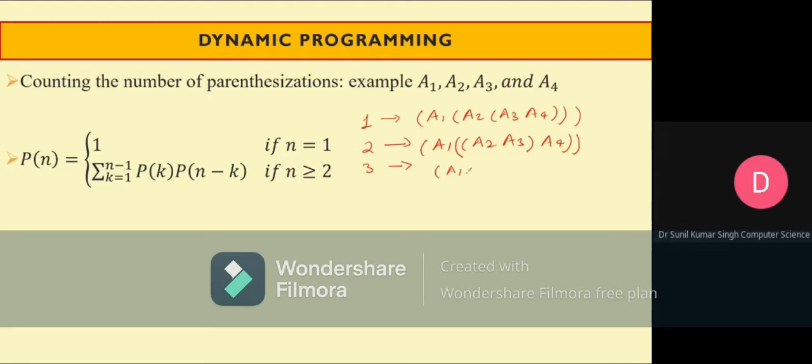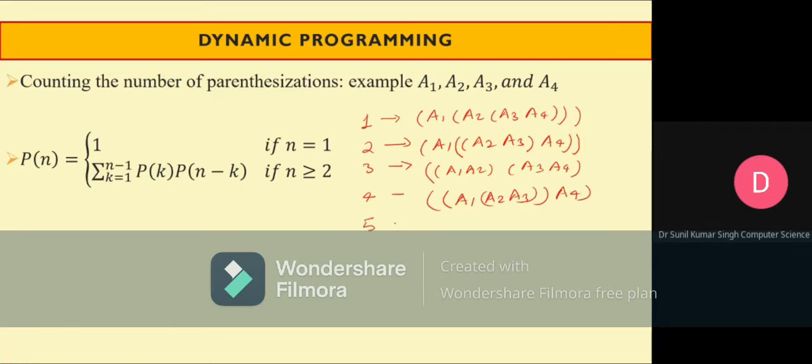Now the fourth one we can have: again we multiply A2, A3, but rather than multiplying the resultant of A2, A3 with A4, we multiply it with A1 this time. So A2, A3, and multiply its resultant with A1, and then after that it will be multiplied with A4. This is another one.